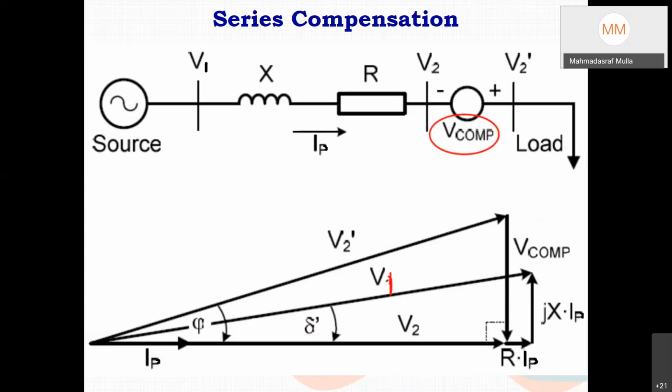Here the current coming from the transmission line, the current flowing through this injecting transformer, and the load current are all the same. So here current is the reference, and this is also a reactive energy supply instrument. So V compensator will be in quadrature to the current, so the angle between I and V compensator will be quadrature.